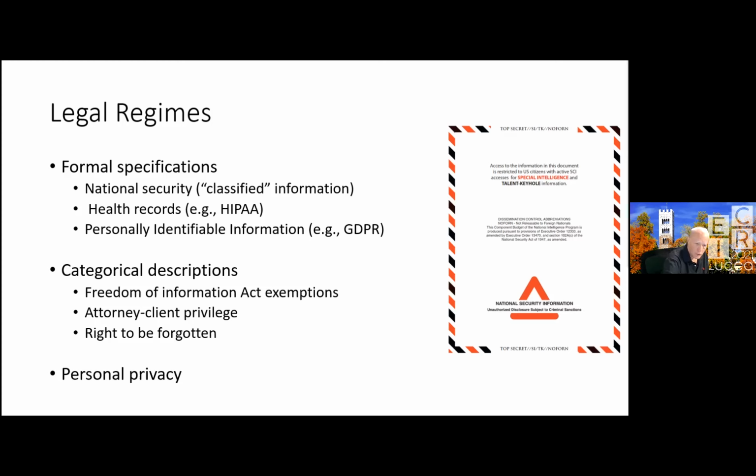The General Data Protection Regulation, GDPR in the EU, regulates access to personally identifiable information in ways that are much more nuanced than we have here in the US, and much more specific. And so all of those are rather well specified.